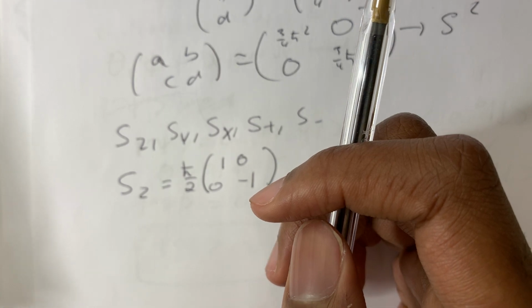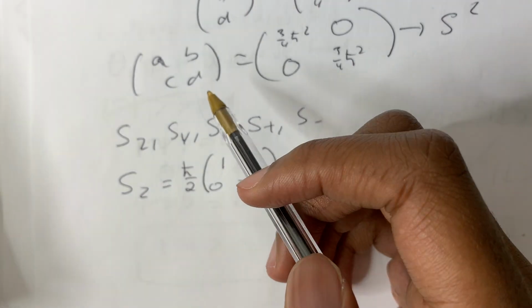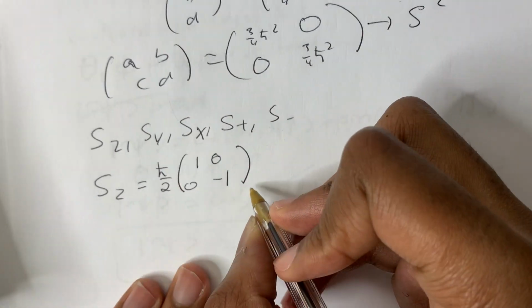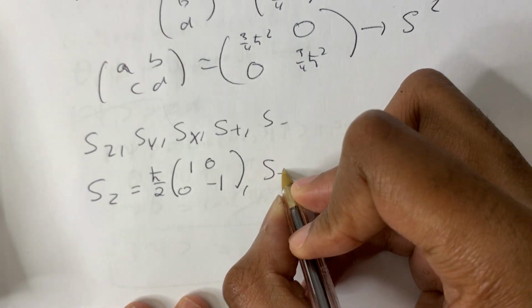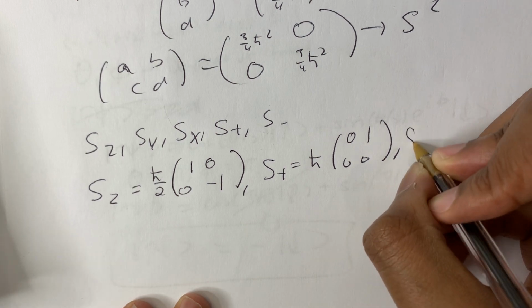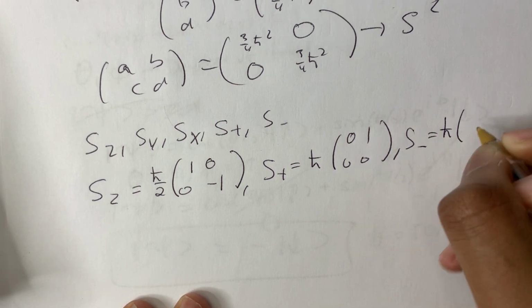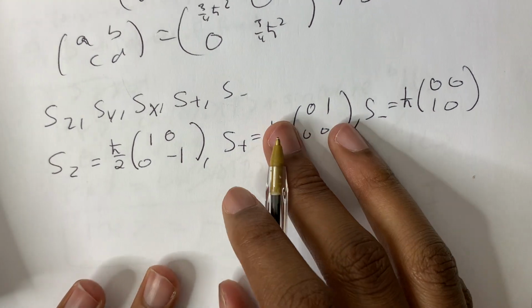Can't remember, but here's Sz. I'll try to find it at the end of the video. It's going to be this. S plus is going to be h bar times 0, 1, 0, 0. And S minus is going to be h bar times 0, 0, 1, 0. Alright.